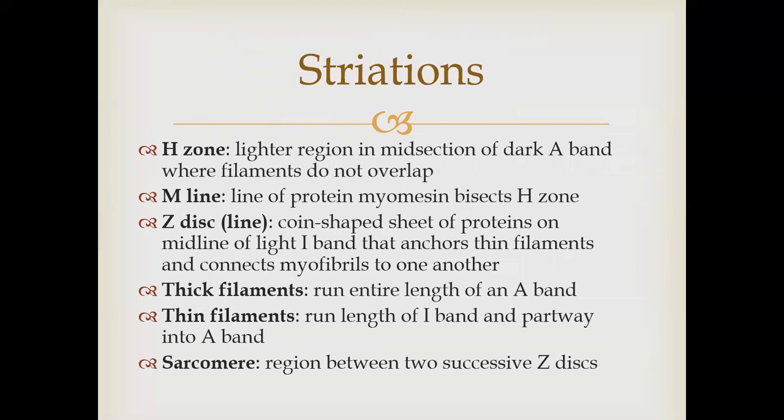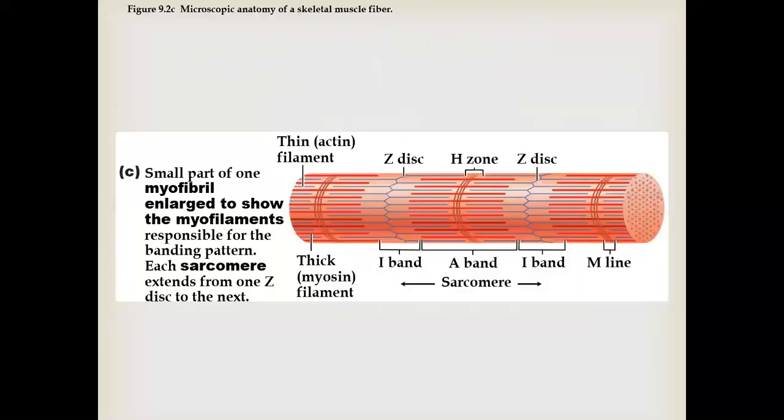The thick filaments run the entire length of the A band, where the thin filaments run the length of the I band and partway into the A band. And then finally, the sarcomere is the region between two successive Z discs. So the interactive that I provided for you actually goes through how this structure works and gives you a more detailed description of each part of this particular structure.